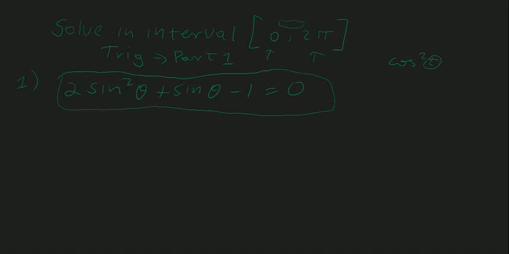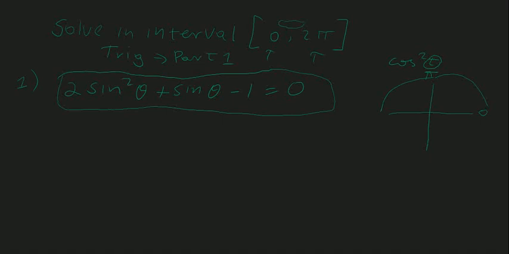When the coordinate is like this, this is the 0. Go from here, you come here, it's pi.